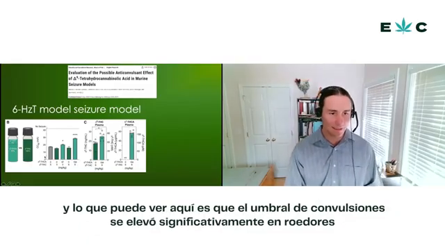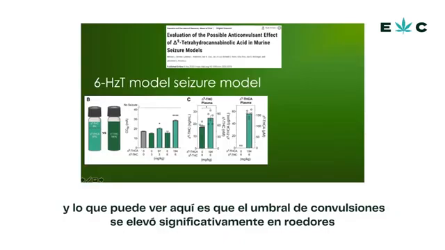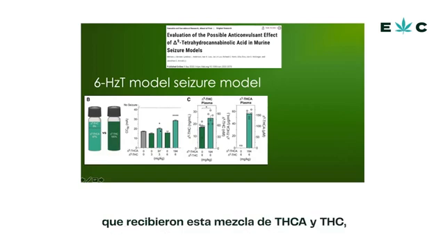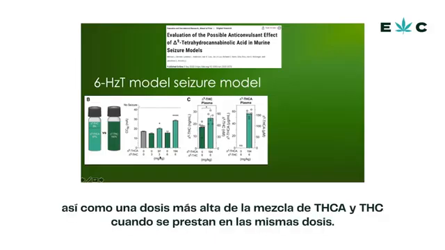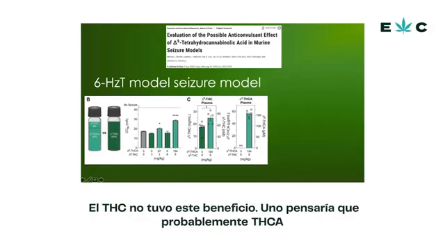What you can see here is that the seizure threshold was significantly elevated in rodents that received this mixture of THCA and THC, as well as a higher dose of the mixture. When given alone at the same doses, THC did not have this benefit.